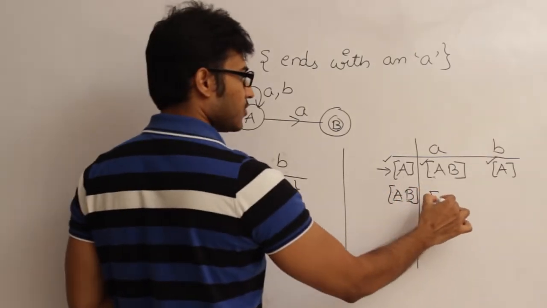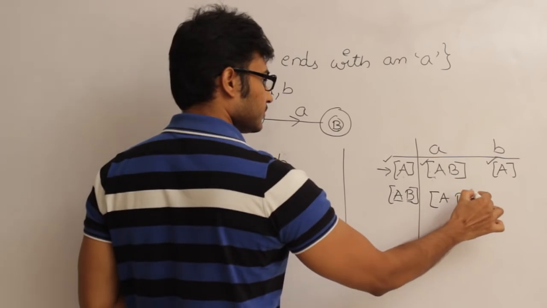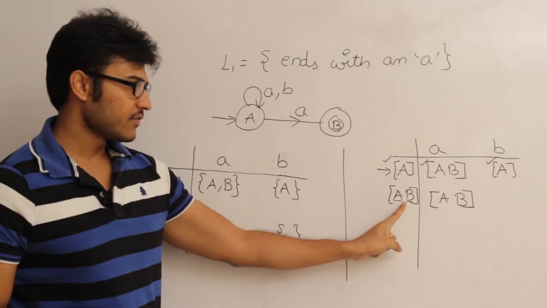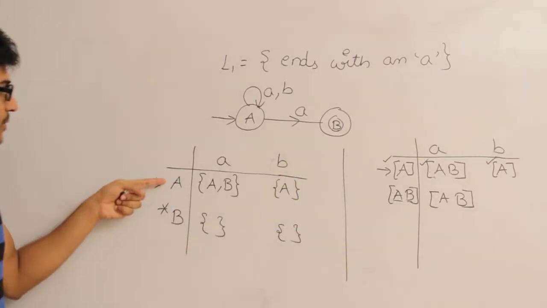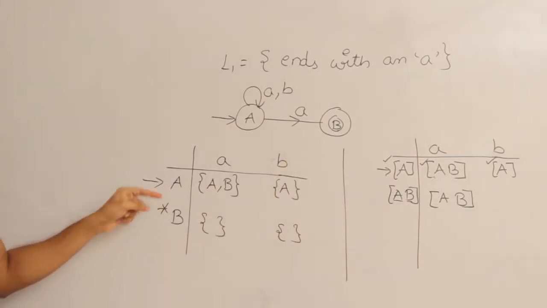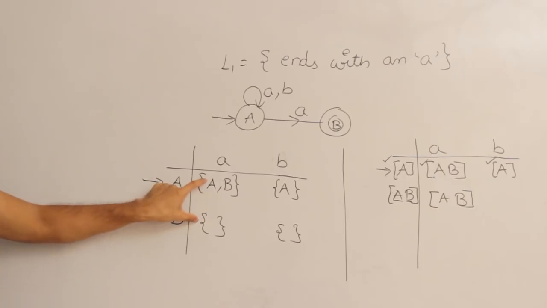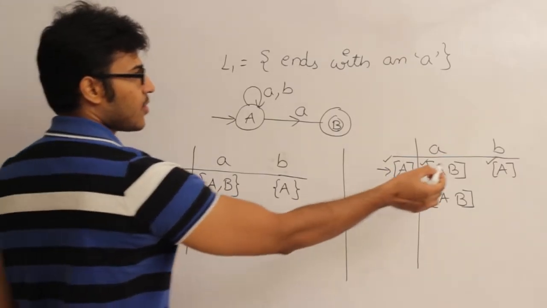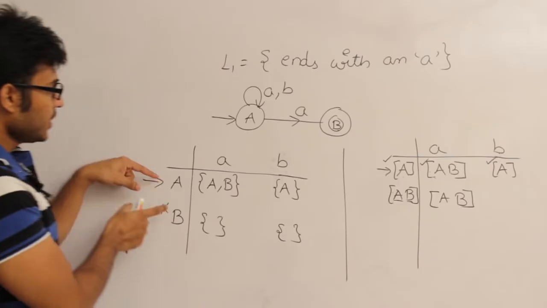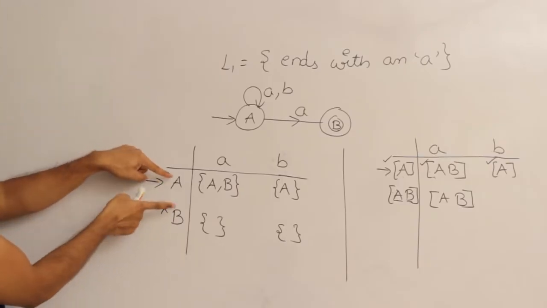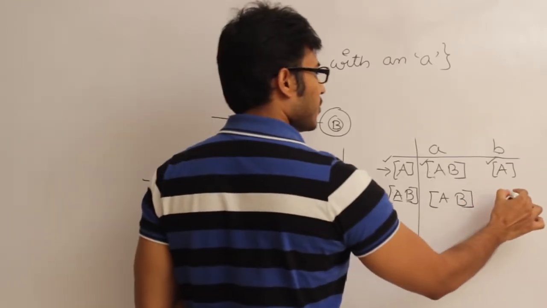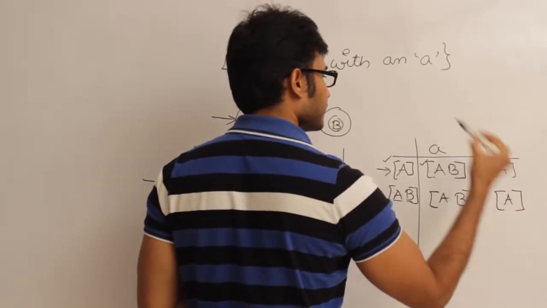So again it is going to be AB. See, it is important that if there are two states in the DFA, then go to both the states in the NFA and you see what happens on the transition on input a and you union them. So I got this, right? And then on small b you go to the initial NFA and again you perform union on small b. So if I perform union on small b, I am going to get A, right?